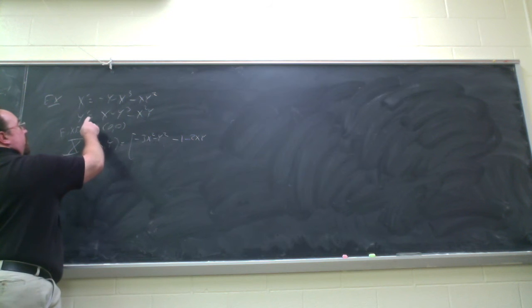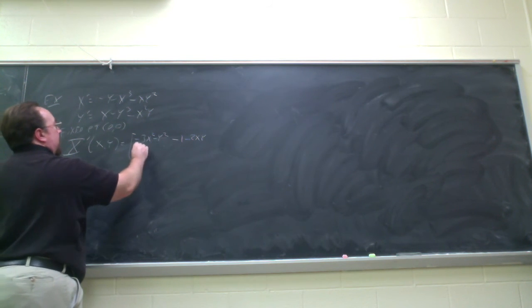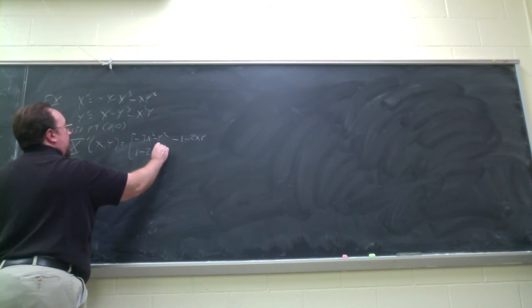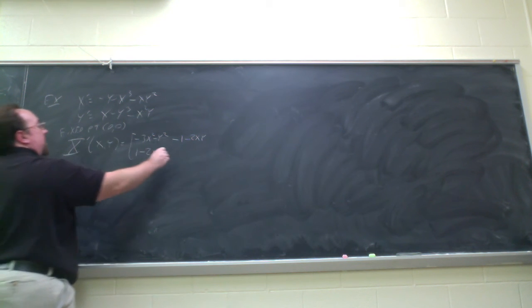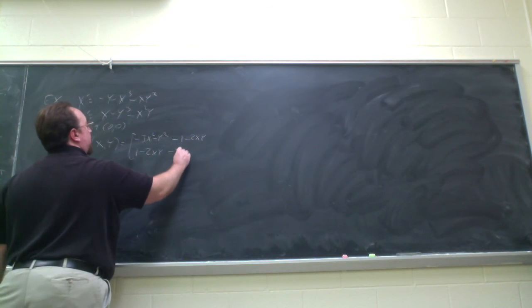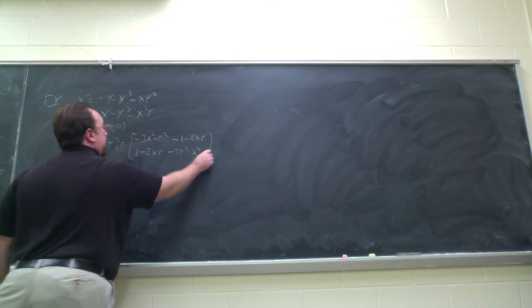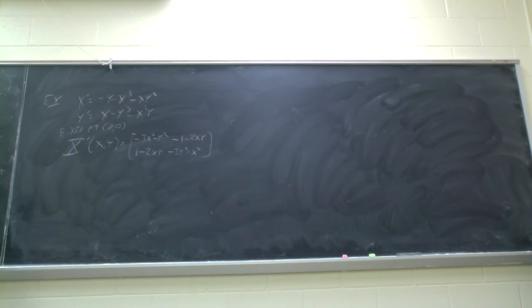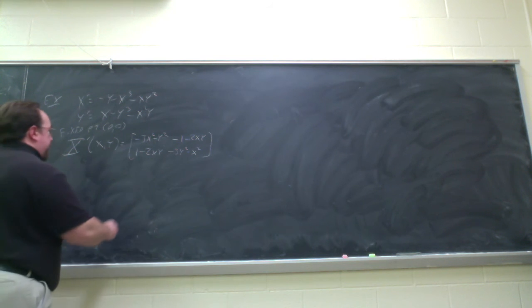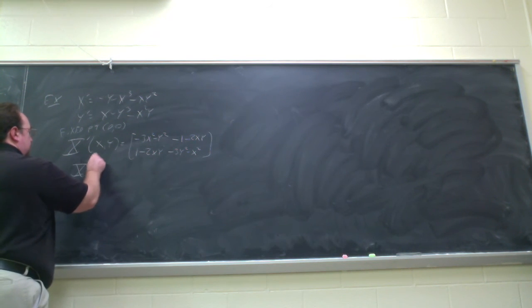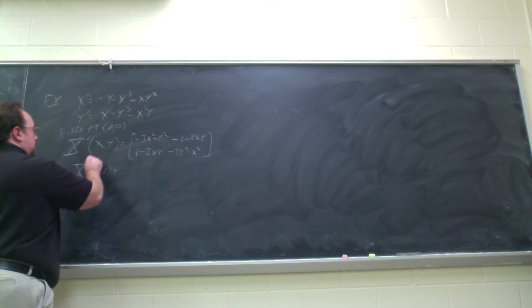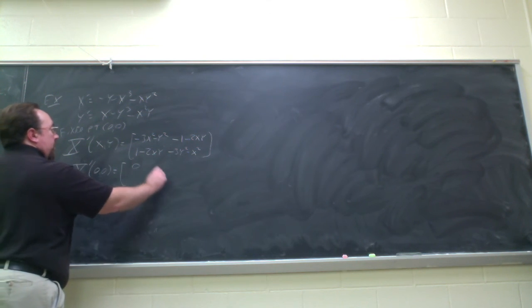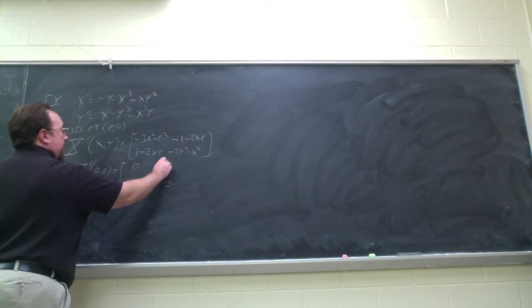Then for y prime, with respect to x, we get 1 minus 2xy, and with respect to y, we get minus 3y squared minus x squared. Then you plug in x and y equals 0, 0, and you get 0, minus 1, 1, 0.